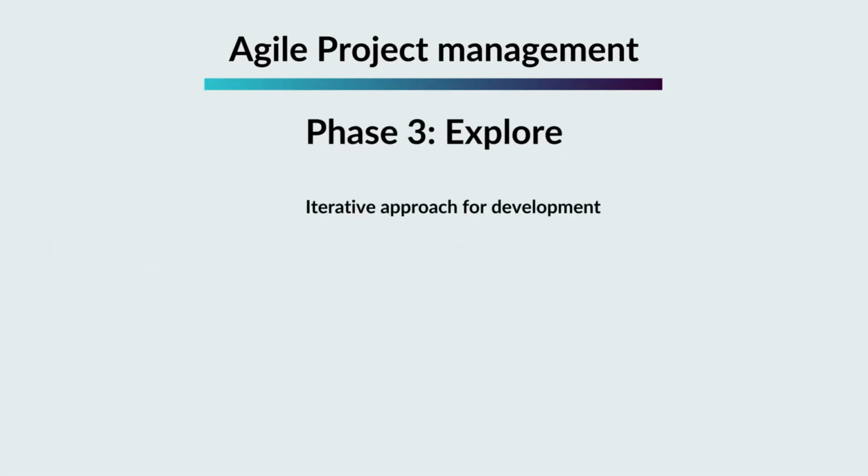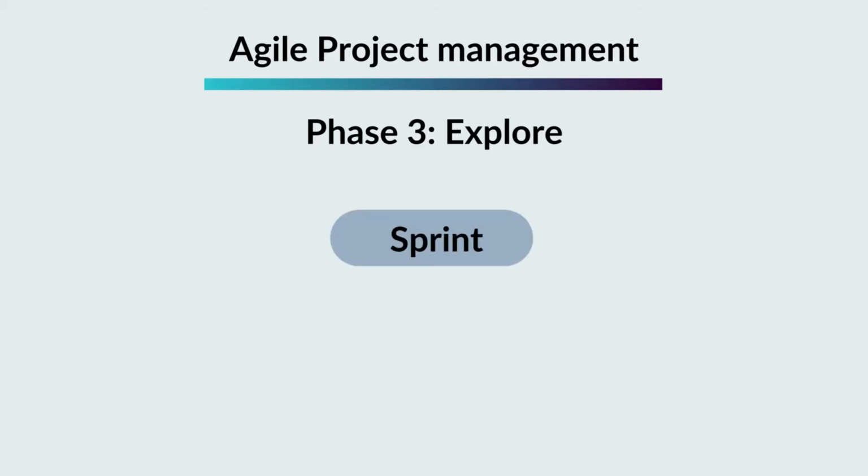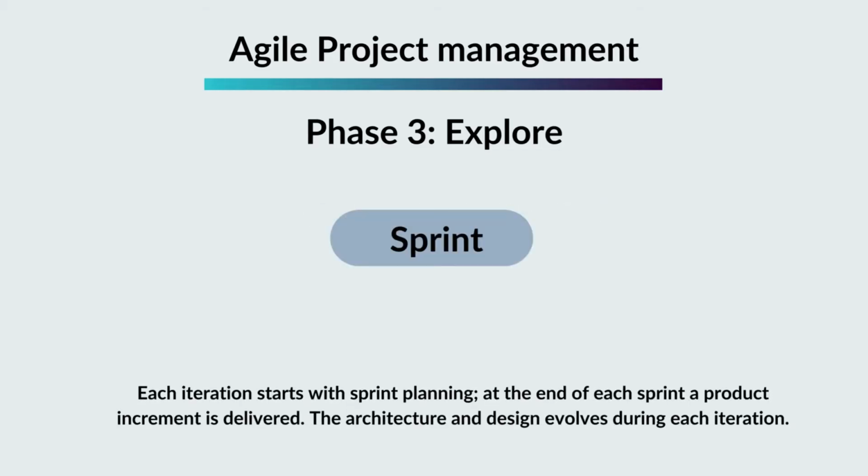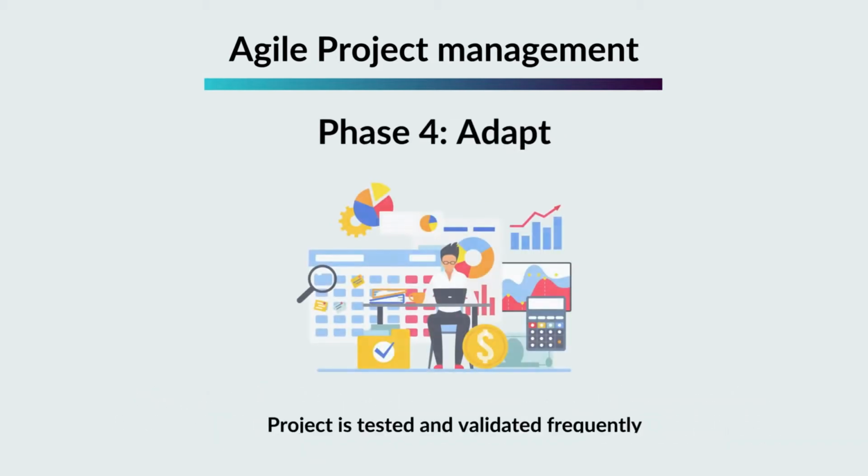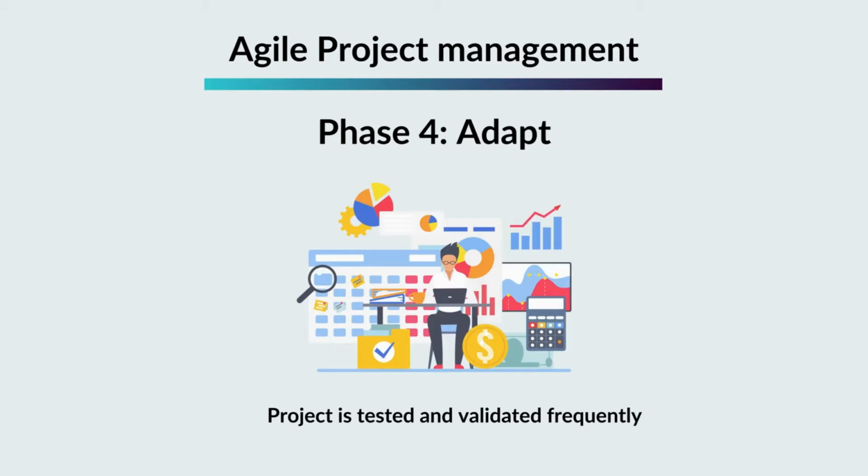Phase 3, explore. Iterative approach for development. Sprint. Each iteration starts with sprint planning. At the end of each sprint, a product increment is delivered. The architecture and design evolve during each iteration. Phase 4, adapt.